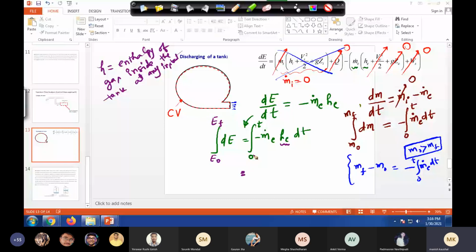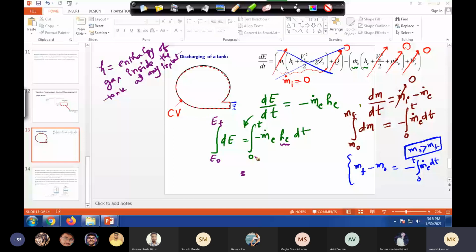So this is the point of confusion. In standard books, they have taken He out without saying anything. On the other hand, in some books where they have solved this problem for an ideal gas, they have taken H equal to CPT, where T is a function of time, and then used this kind of unsteady state, meaning the temperature is inside the integral.